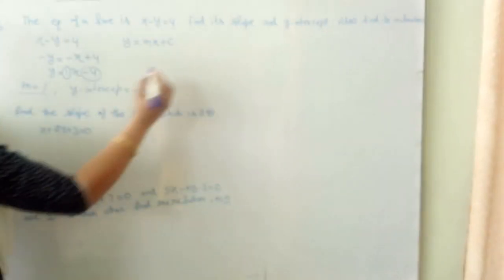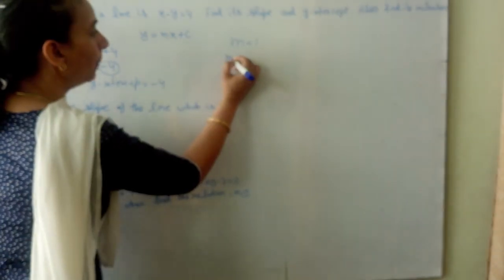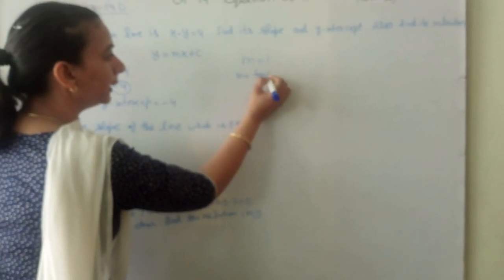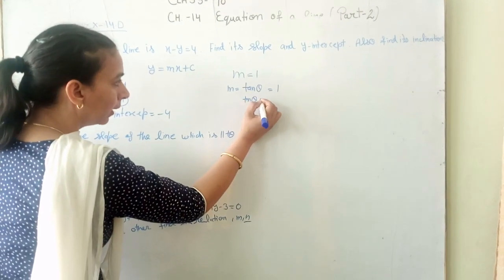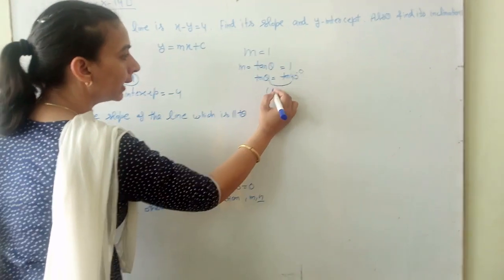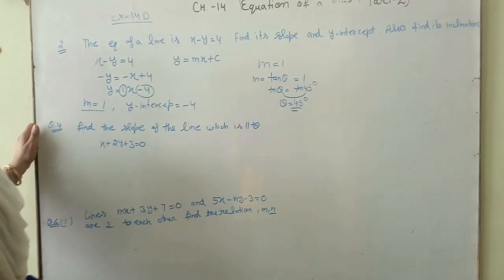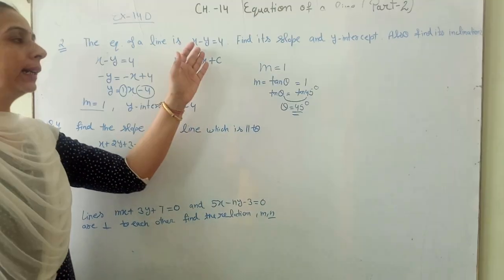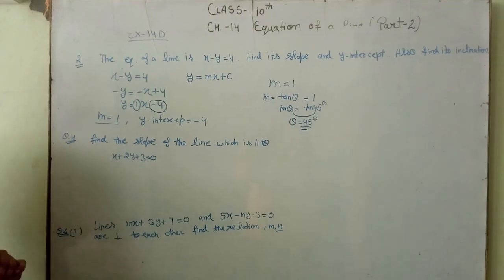We have slope m equal to 1 and we know that m equal to tan theta, and this equal to 1, and one is the value of tan 45. Then theta equal to 45 degrees, then inclination equal to 45. This line makes an angle of 45 degrees with the x-axis. Clear, student?